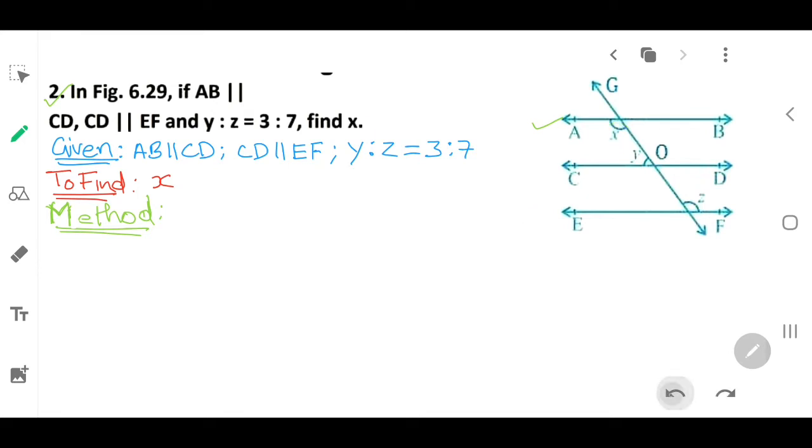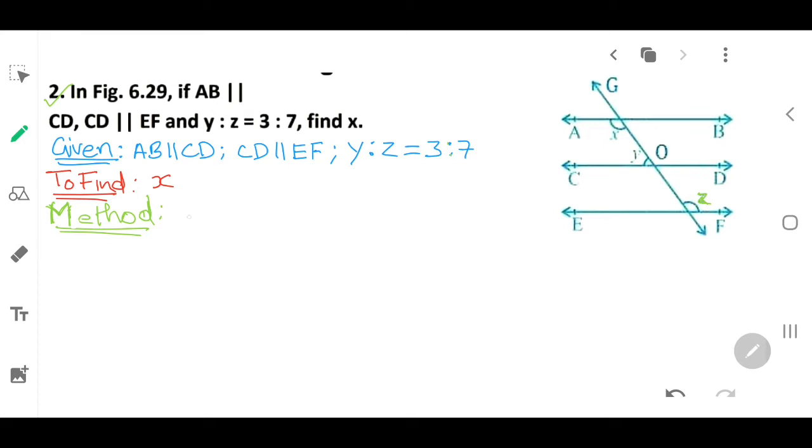Let's see what is given, that you write. Here it is given that y is to z is 3:7. It is z, it is not visible. So their ratio is given as 3:7. And you have to find x.